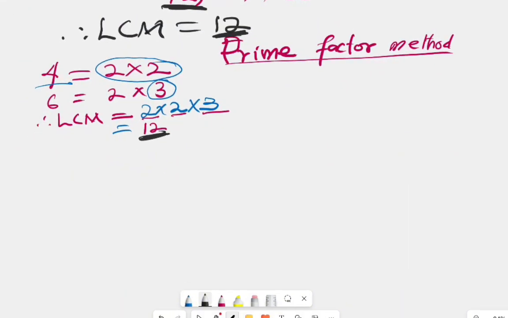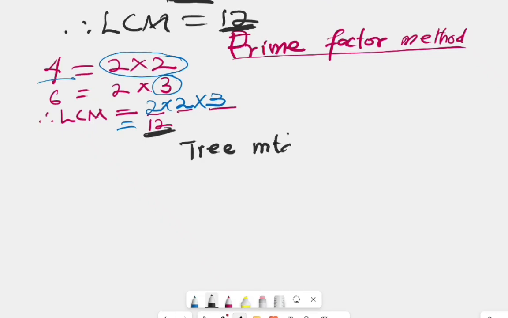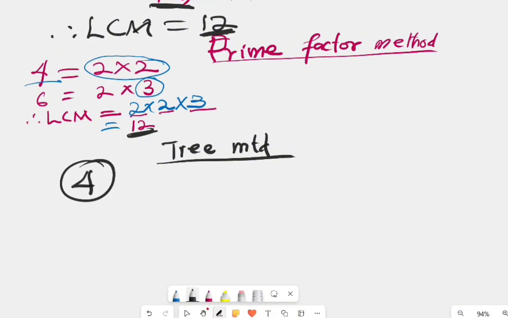Another method is called the tree method. Look for the factors of 4. Factors of 4 is 2 and 2. We go to 6. Factors of 6 is 2 and 3.